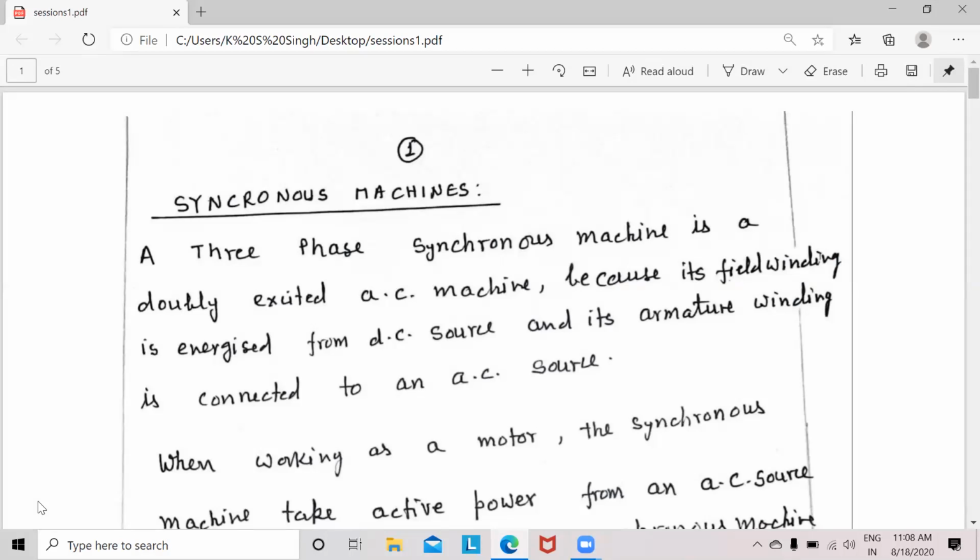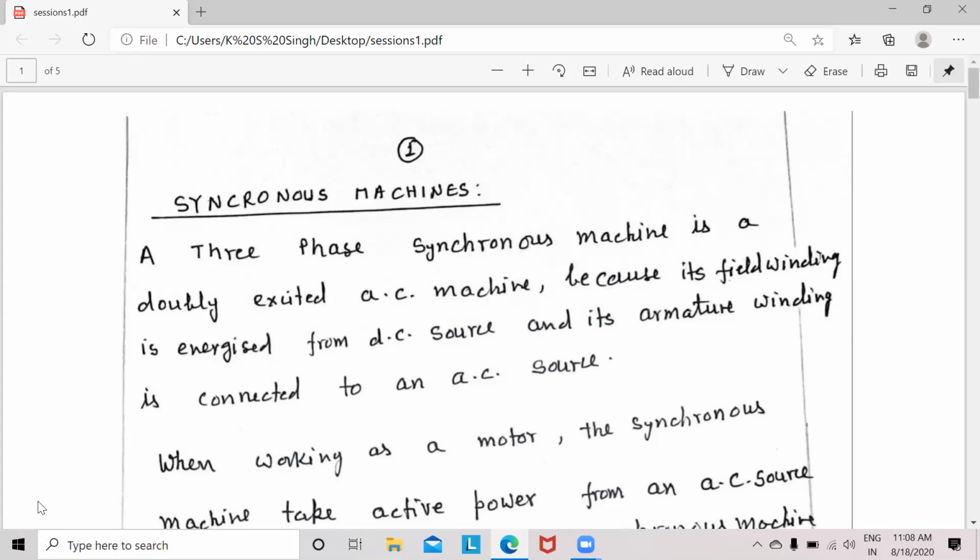Polyphase means a synchronous machine having a number of phases. Generally, the synchronous machines used are 3-phase machines. I have already explained in the previous semester the types of magnetic systems; there is the doubly excited system, and an example of a doubly excited system is the synchronous machine.